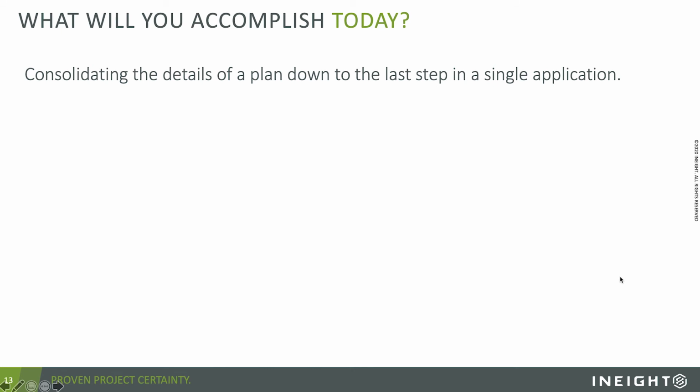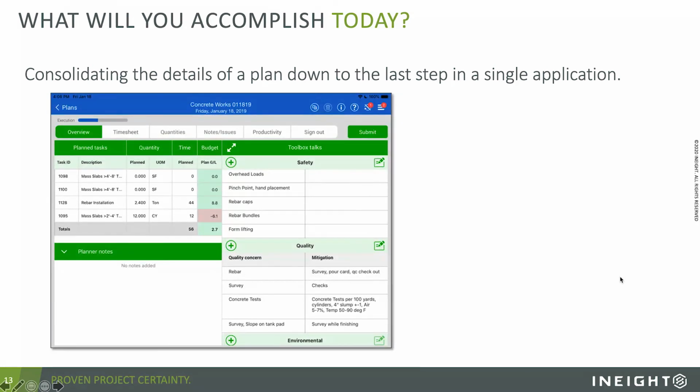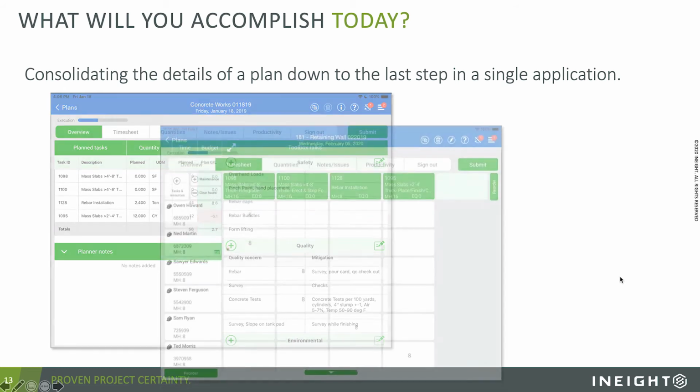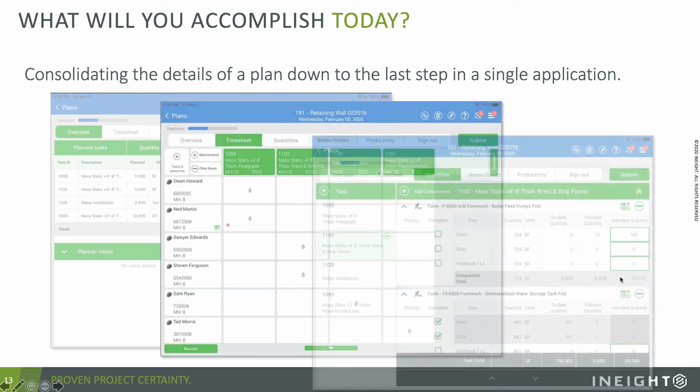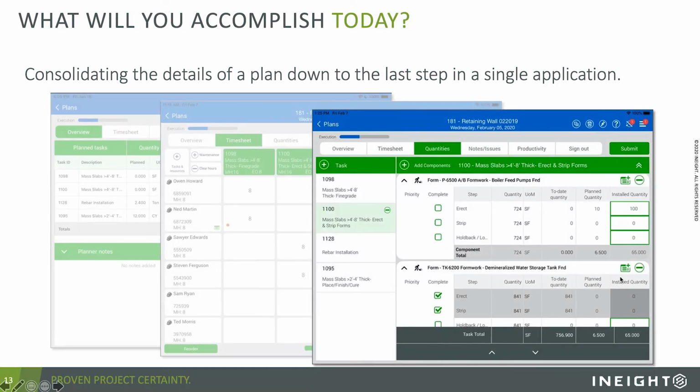Consolidate all those details down, utilizing our progress application to tell you exactly the tasks that you're going to work on and any safety, quality, or environmental risks that might be involved, exactly the crew and the equipment that are going to work on those tasks, how long they should spend on them, and exactly what they should get done as far as quantities are concerned.